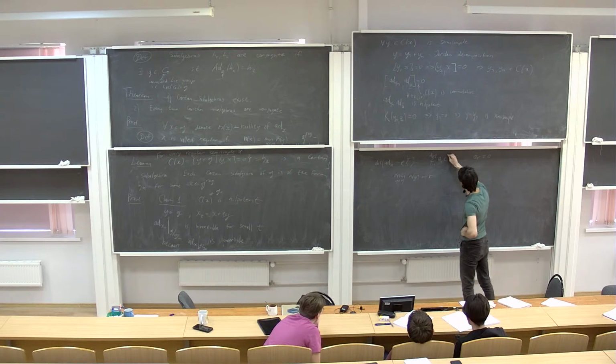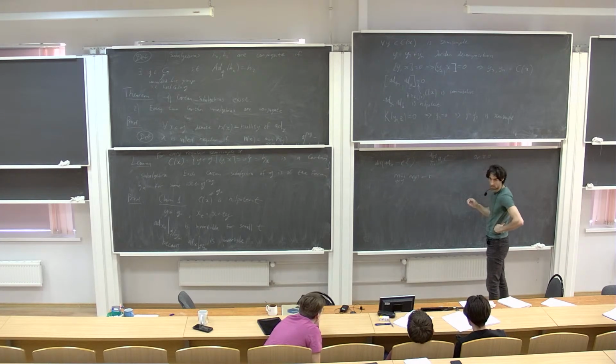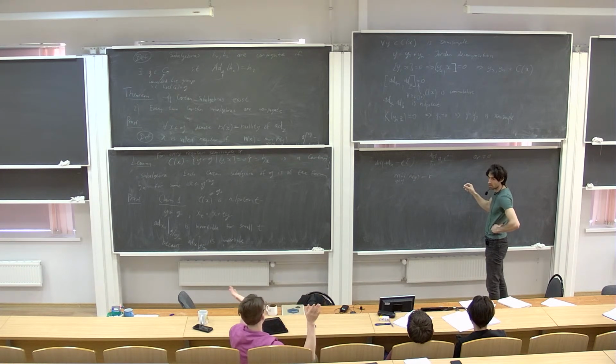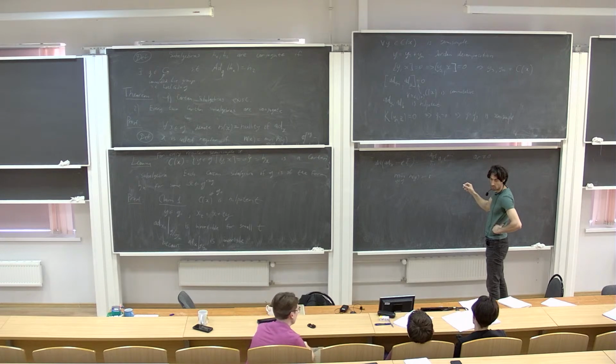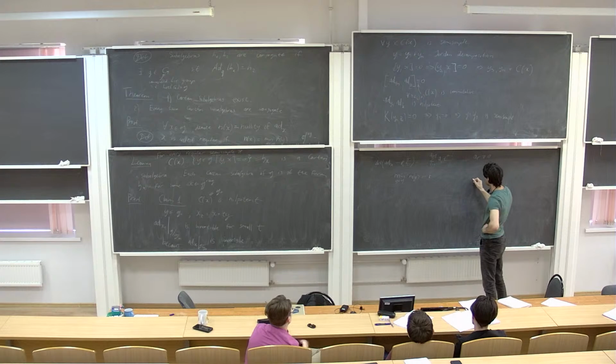Also, I think it's n minus i that should be here. So it means that, well, because you start, so you will have A_r t^(n-r), right?